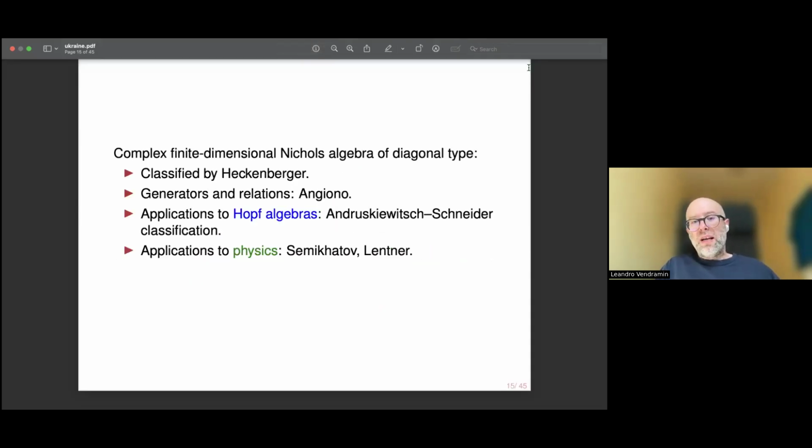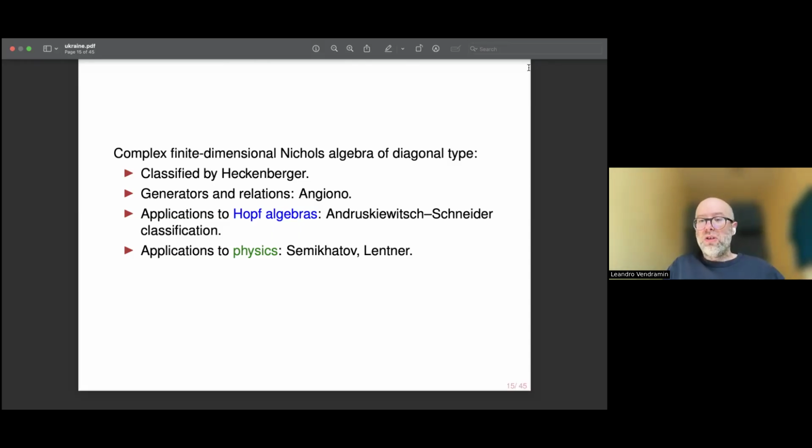As I said, the classification of the finite dimensional ones, say over complex numbers, was achieved by Heckenberger about 20 years ago. A very precise, explicit presentation by generators and relations was found by Angiono. There are very strong applications to the theory of Hopf algebras, or more precisely to the theory of pointed Hopf algebras.